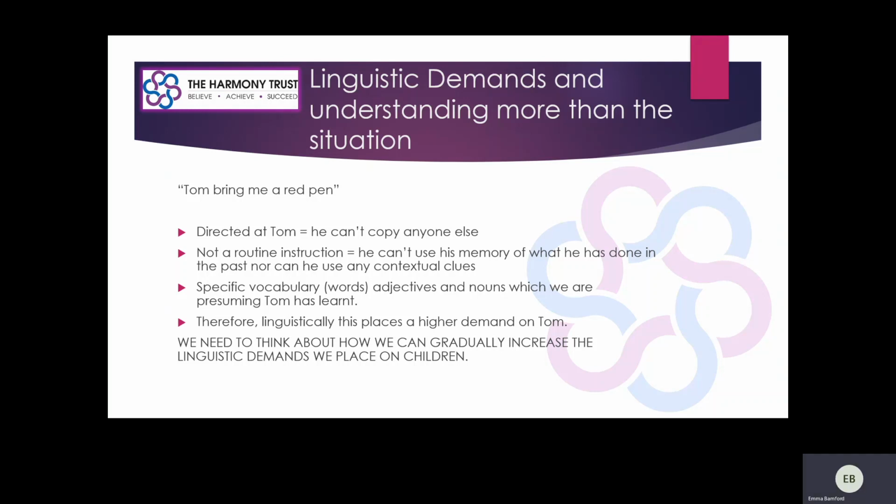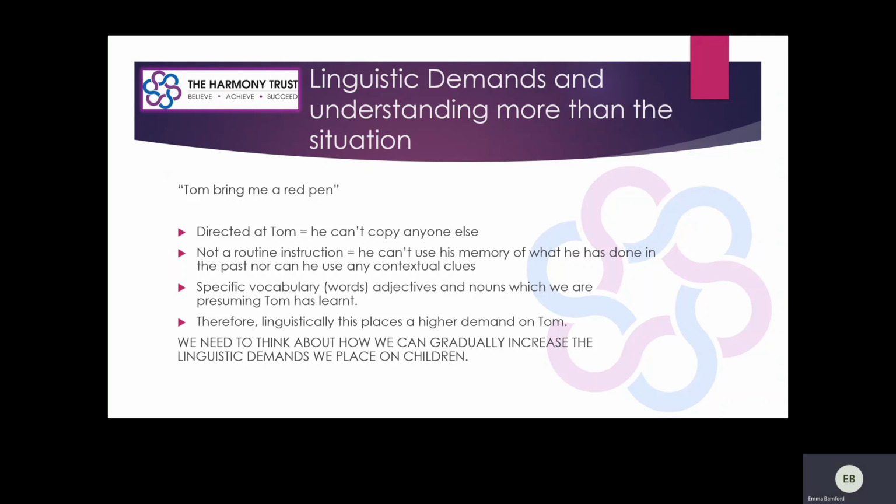So we are now going to think about a technique which enables us to control the demands we place on a child in a very structured way. This technique allows the child to both develop their receptive language, so their understanding of what is happening, as well as their expressive language, which is their ability to use language, words, sentences effectively, and also to develop their vocabulary.